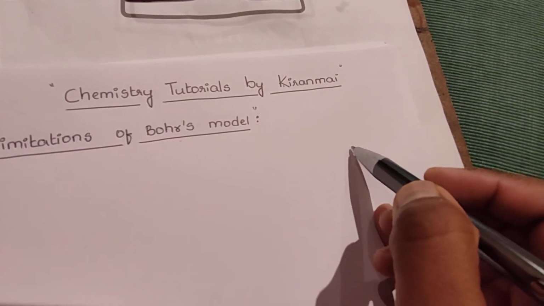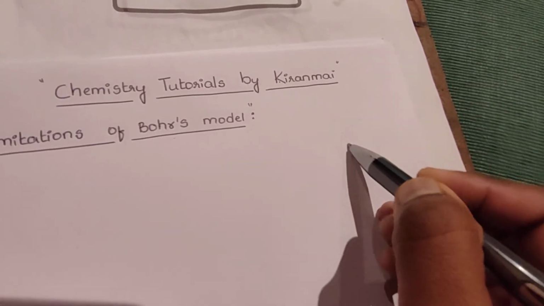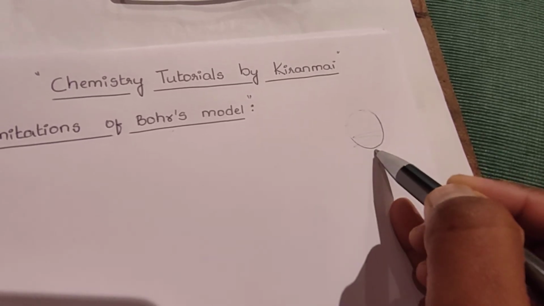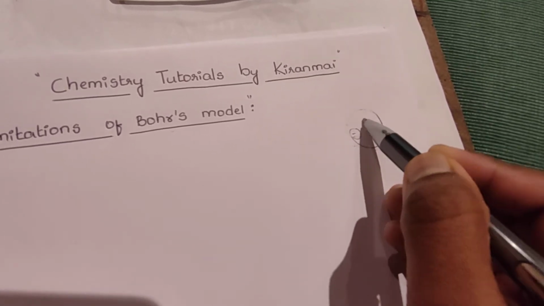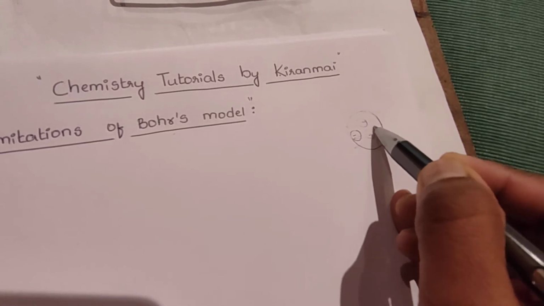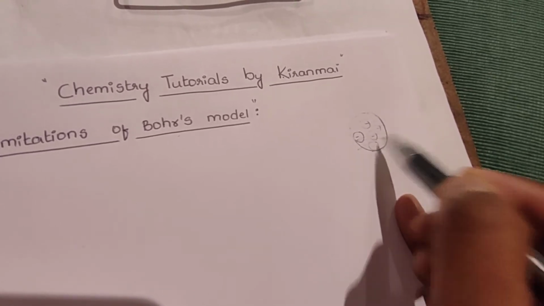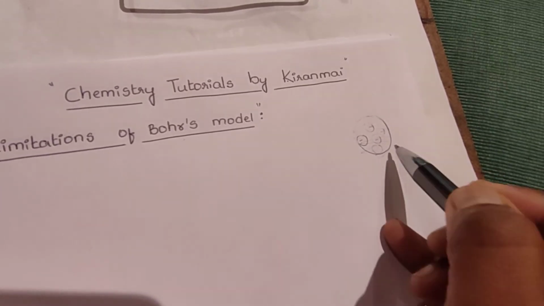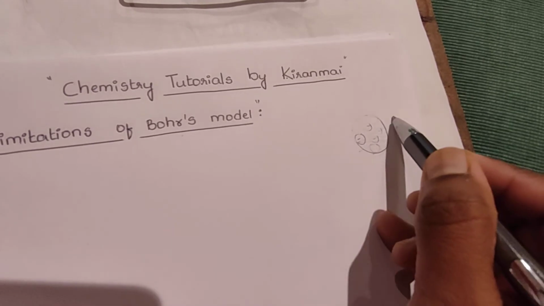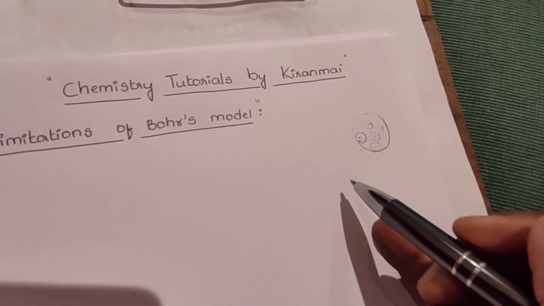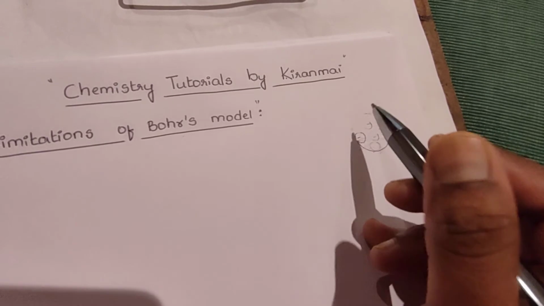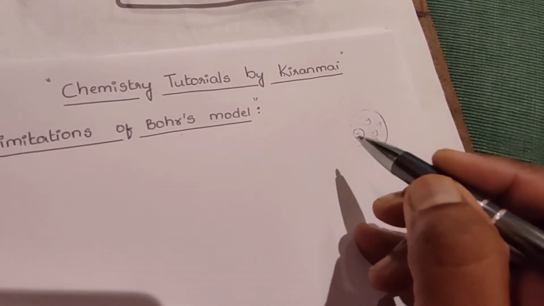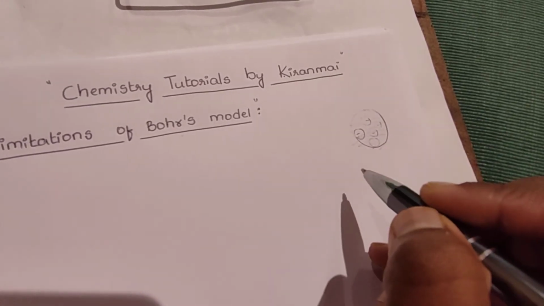According to Thomson, the atomic model is like a watermelon in which the mass of the atom is spread uniformly, in which electrons are scattered like seeds in the watermelon. But this model cannot explain the stability of atom. So this model is proved to be wrong. And then as time passed, Rutherford proposed a nuclear model after alpha ray scattering experiment.